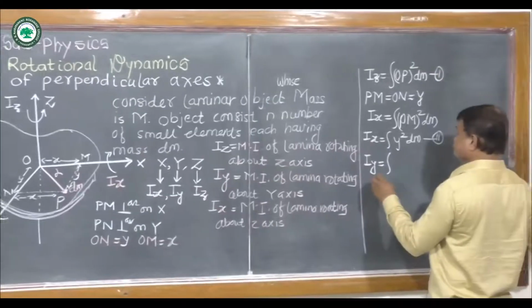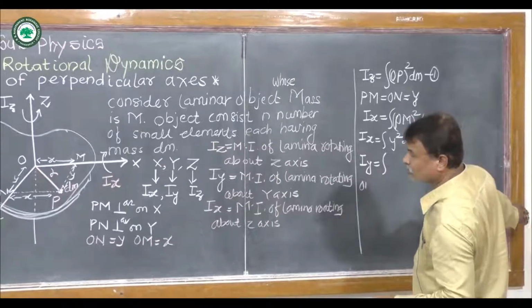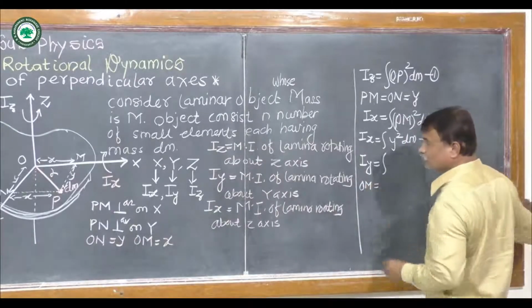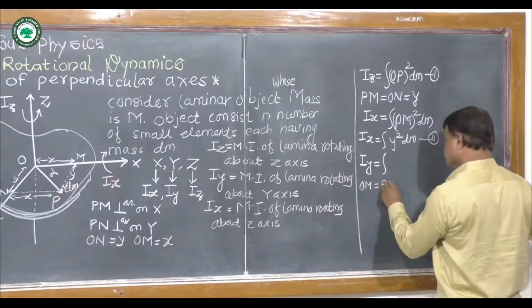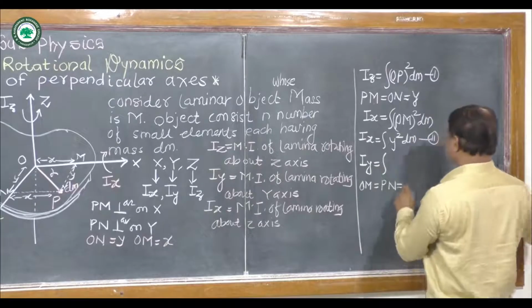So OM is equal to Pn, and that is equal to x.